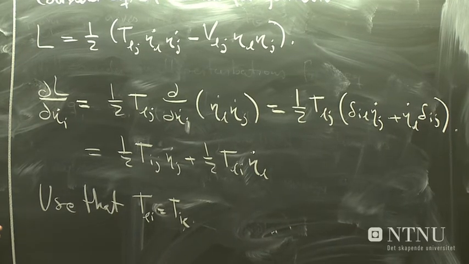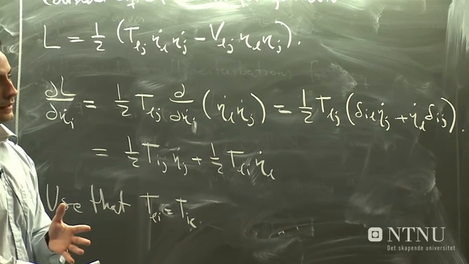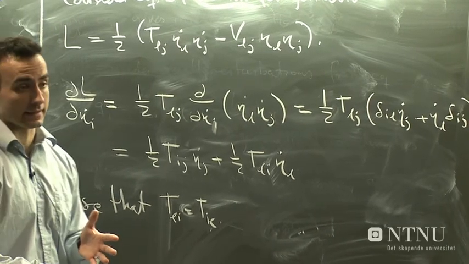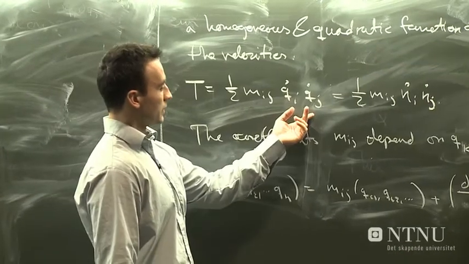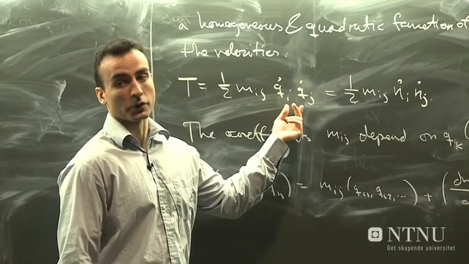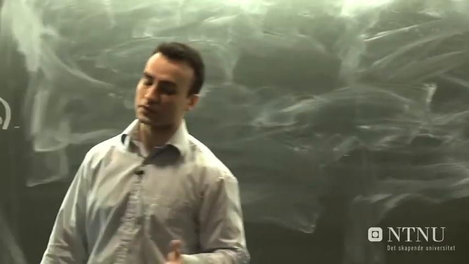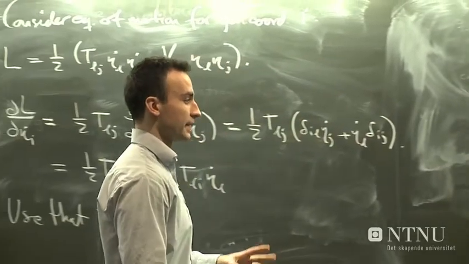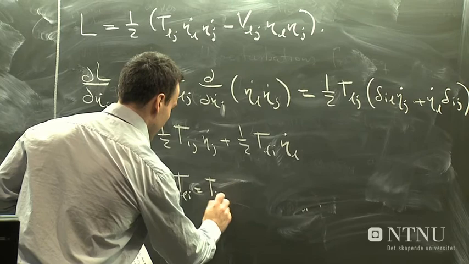So we expect that interchanging these indices in the kinetic energy, well, since these are scalars, they just commute. So this mass coefficient should be the same if you exchange the coordinate indices.